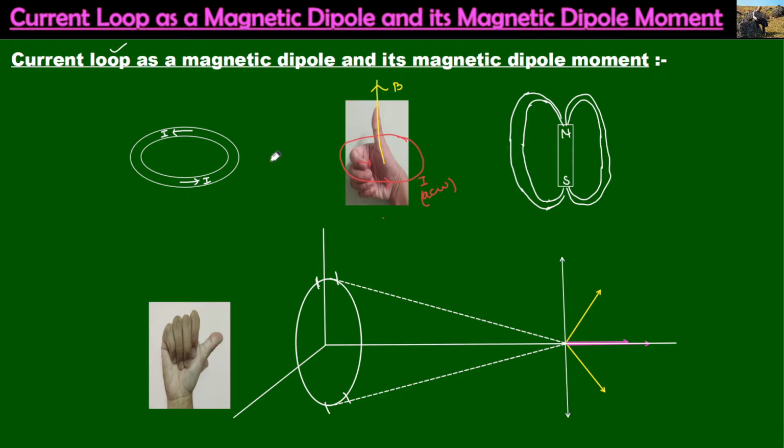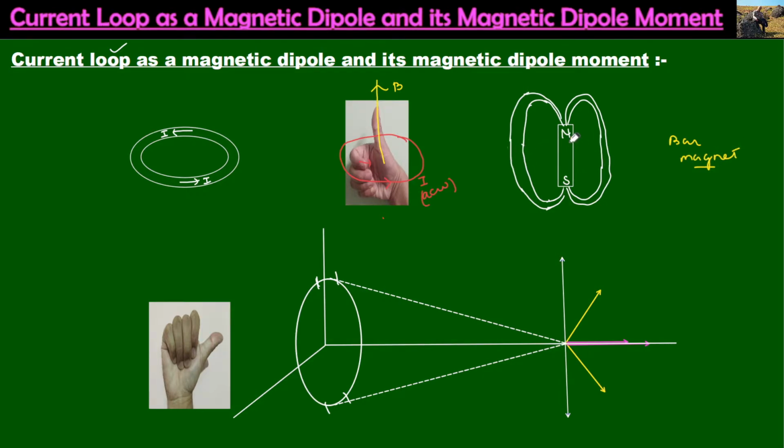So in this case, the magnetic field produced by this current carrying loop is similar to the magnetic field produced by this bar magnet. A bar magnet is a type of magnet which produces permanent magnetic fields.